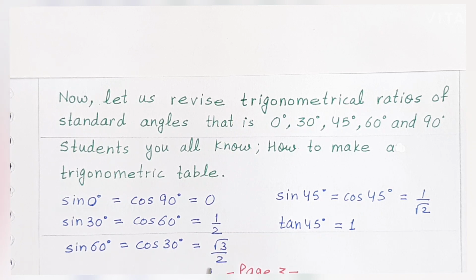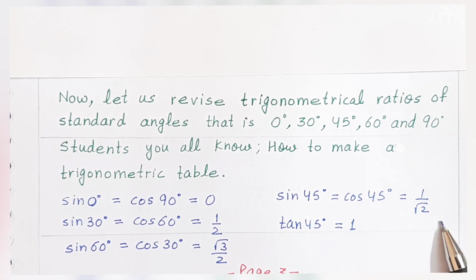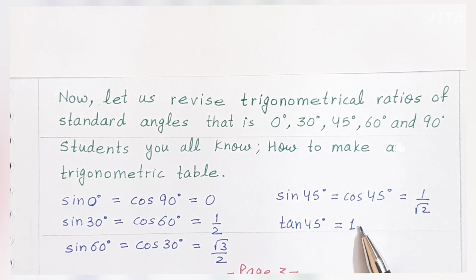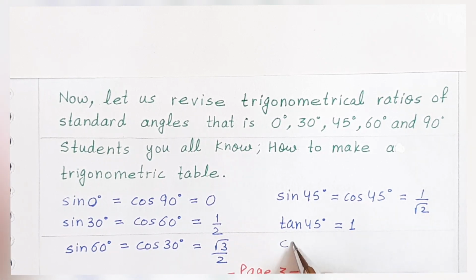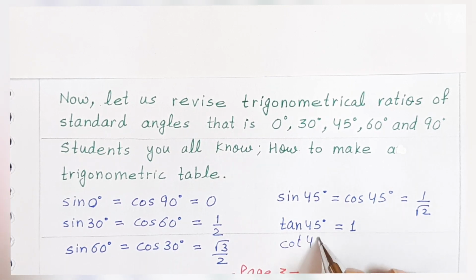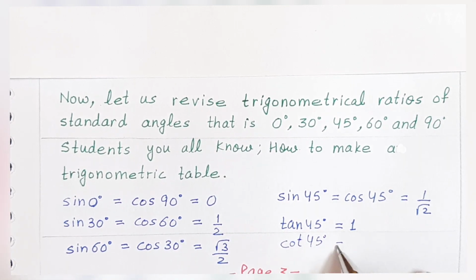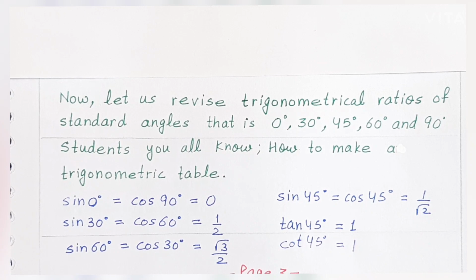That is root 3 by 2. Also, sine 45 degree and cos 45 degree are equal. That is 1 upon root 2. Tangent 45 degree is 1 and cot 45 degree is also 1. Clear?